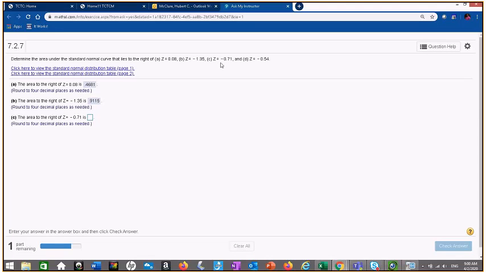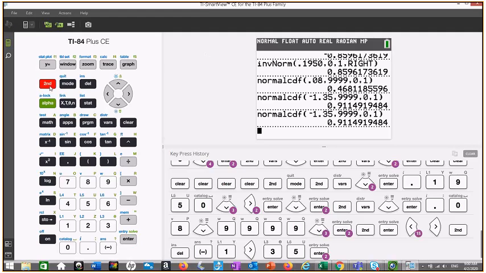Next, to the right of negative 0.71. So that's going to be negative 0.71 to 9999. So hit second, enter, and change that to, and I'm not going to do insert, I'm just going to put 0 right there, and then move over and type in 71.